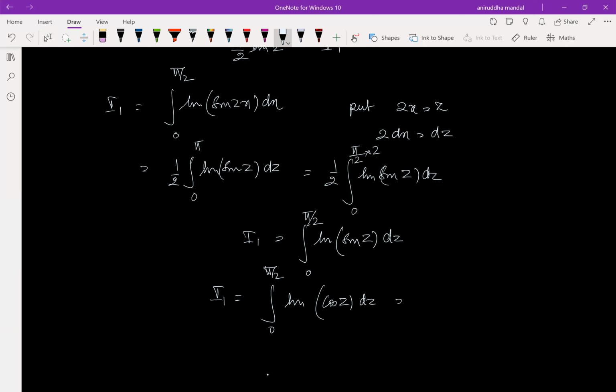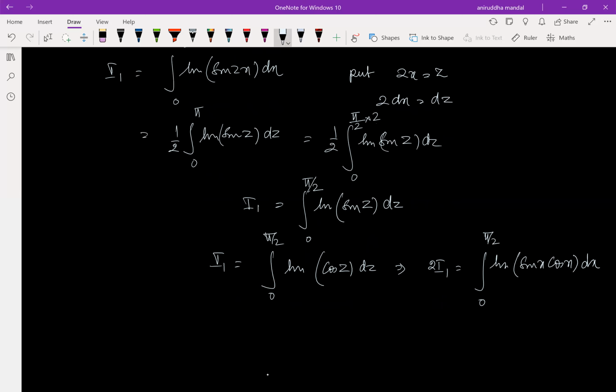Okay, so now again we add. So which means 2I1 is 0 to pi by 2 log sin x plus cos x, which means sin x cos x dx. So 2I1 is 0 to pi by 2, and again we multiply and divide by 2 and 2.